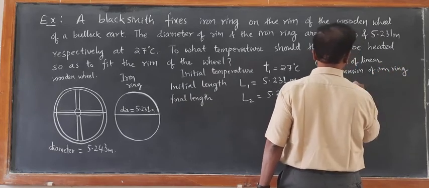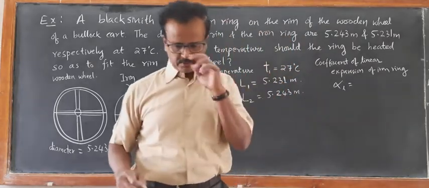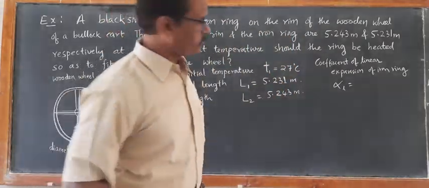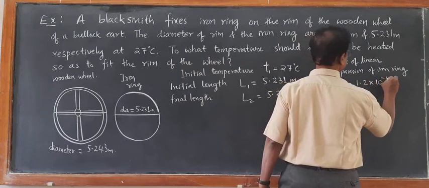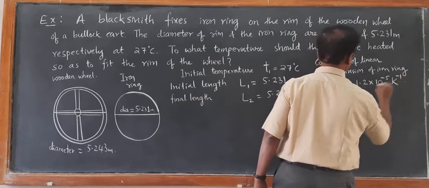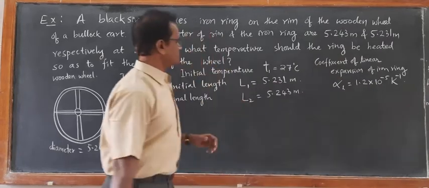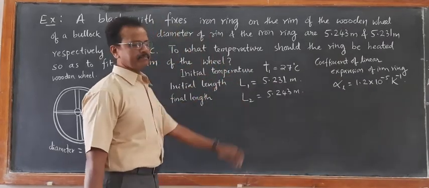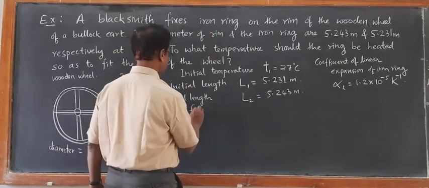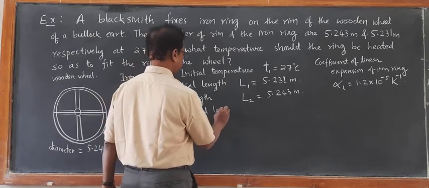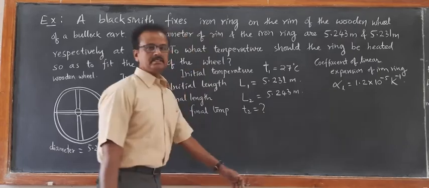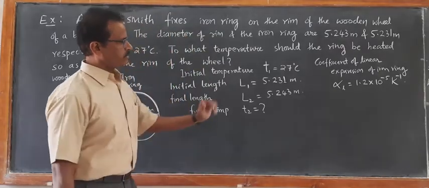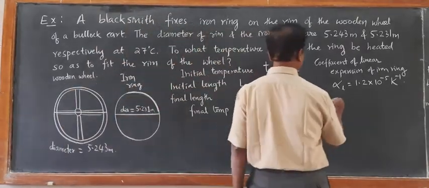Alpha L is equal to 1.2 into 10 to the power of minus 5 per Kelvin. So using this, you are asked to find out the final temperature T2 in degrees Celsius.